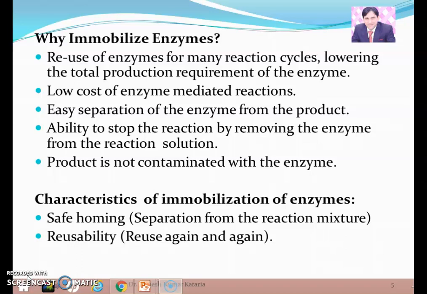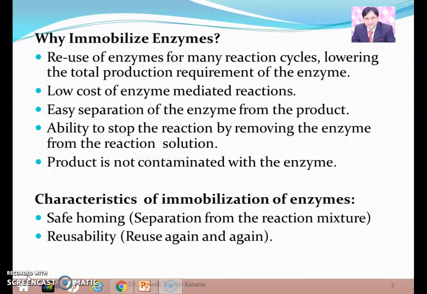There are two major characteristics. Number one, self-homing, meaning after immobilization we can easily separate enzyme from the reaction; that is called self-homing. Then comes another characteristic of importance, reusability, because only self-homing is not the objective.